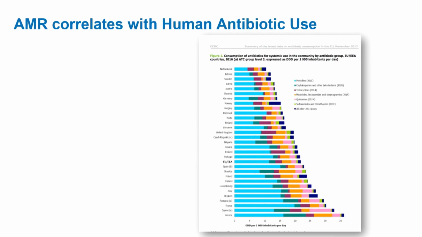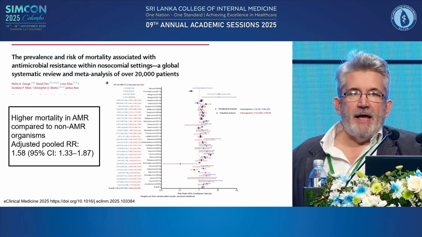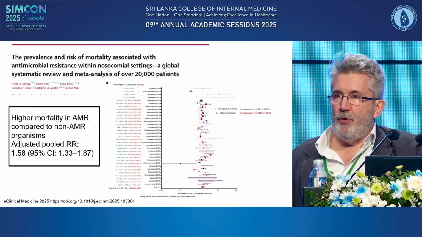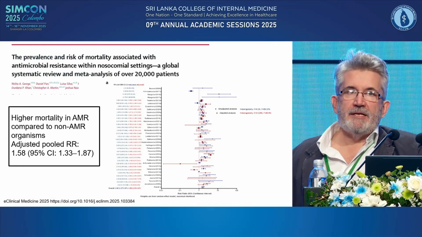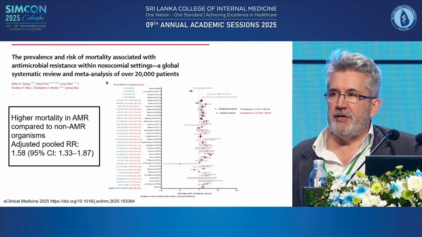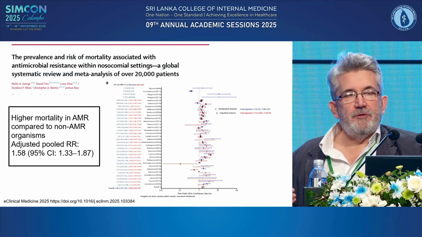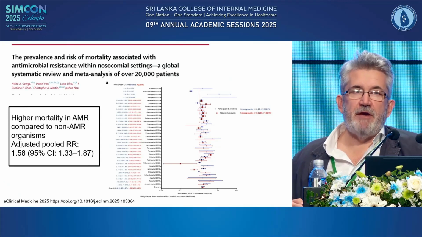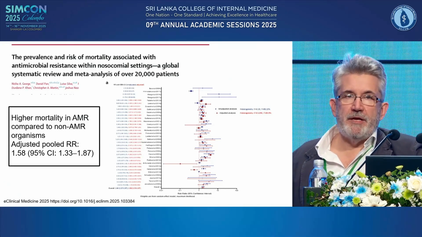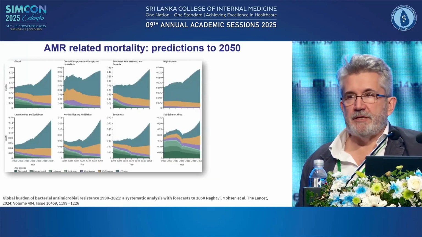These data from Europe show that those countries with the highest amounts of antibiotic use are associated with the most resistance. As you all know, managing many patients with infectious diseases here in Sri Lanka, the risk of dying with a resistant infection is almost double what it is when treating an infection that is sensitive to the antibiotics.